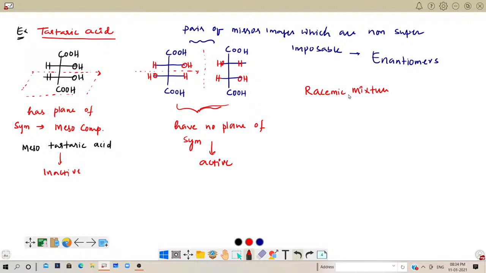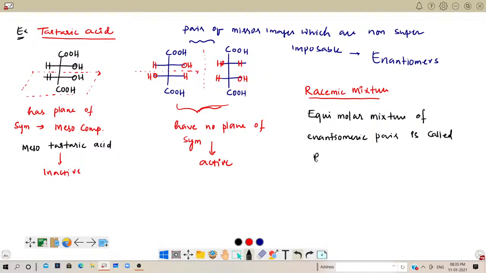You can say an equimolar mixture of enantiomeric pairs is called a racemic mixture, right?